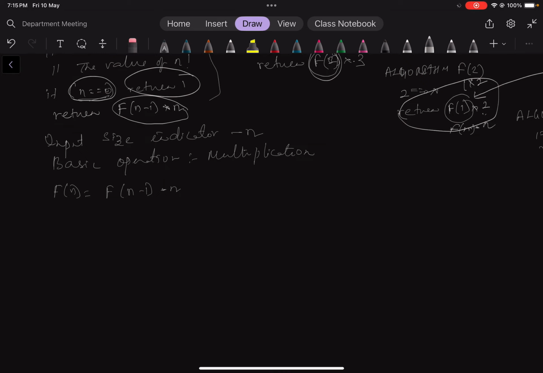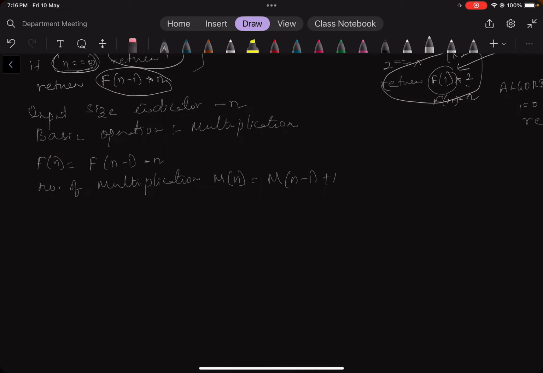Now we are going to establish how many multiplication operations take place, because the basic operation is multiplication. So M of n is equal to M of n minus 1 plus 1. What is meant by this?